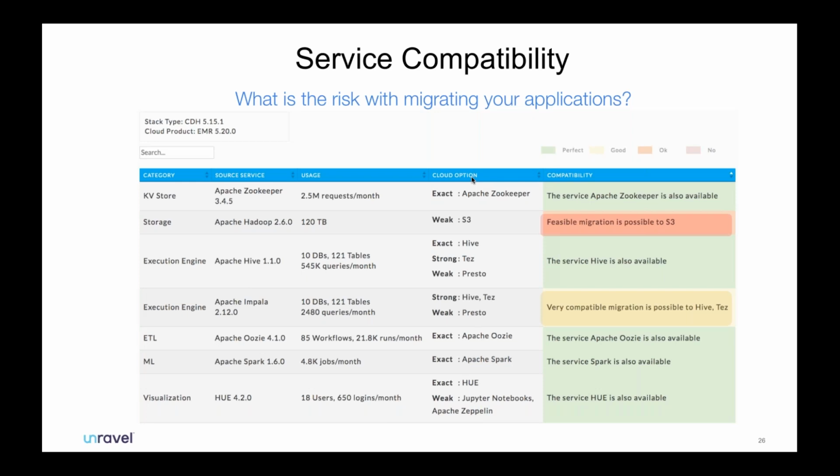So think of a customer that's running, I'll just pick, HDP 2.6, right, with Ambari 2.5, and they have a ton of services listed here. Or in this case, it's CDH, right? But for example, Impala is more compatible with Hive than say Presto, right? Whereas Oozie has an exact match on EMR.